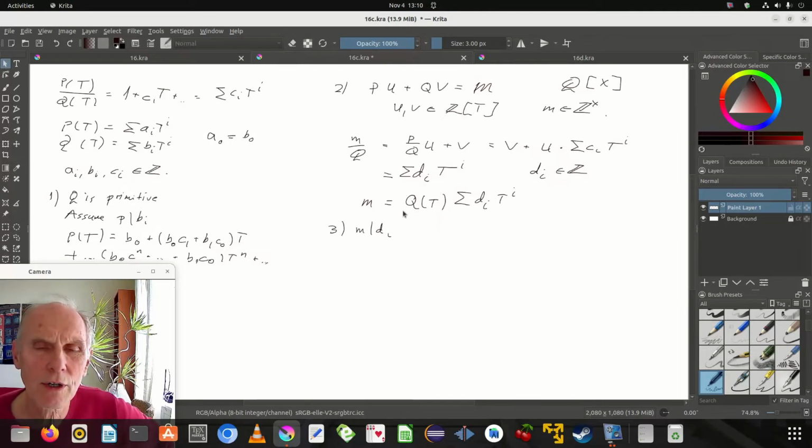Q did not. Q was primitive, so all coefficients of Q cannot be divisible by m.